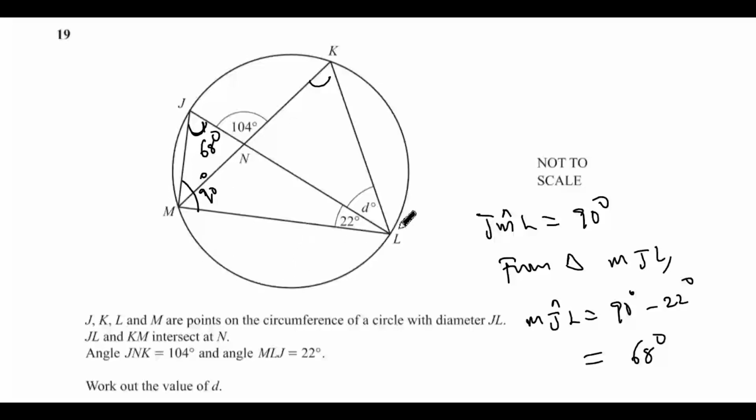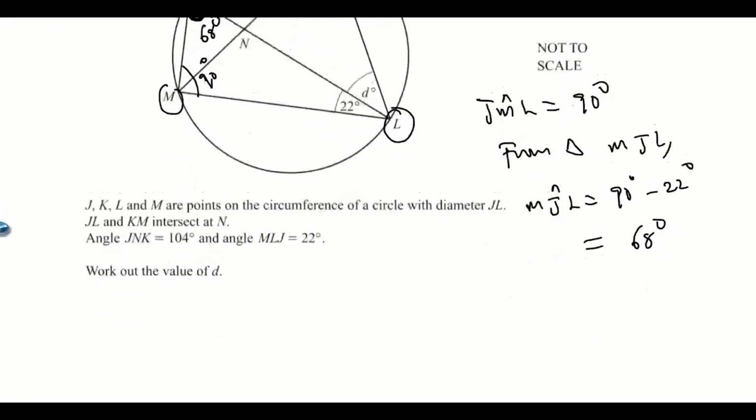Sorry, ML is not a diameter, it's a chord. These two angles are produced by this arc, so they are angles in the same segment. If you trace the first one, and then the second one, you can see that they always come back to this arc ML. So they are equal, and that will help us a lot.